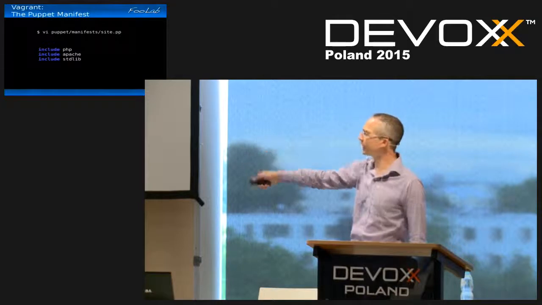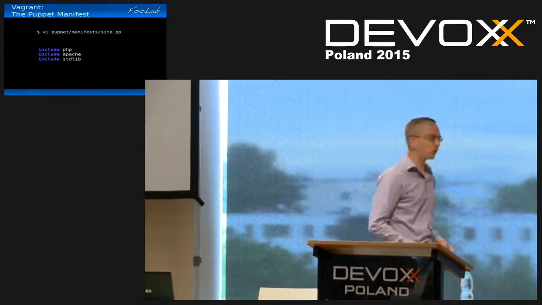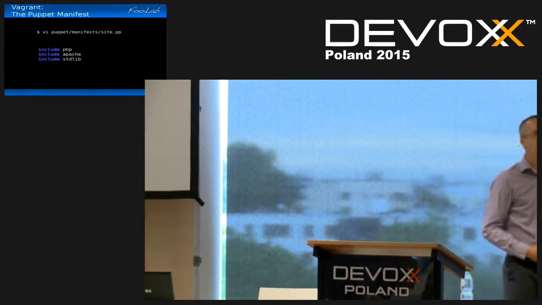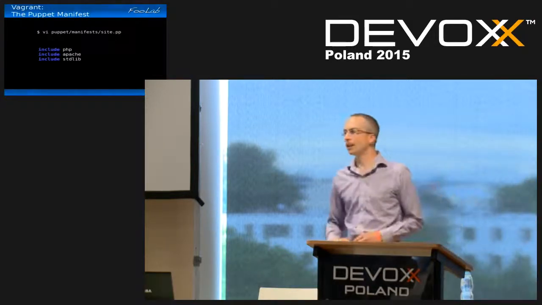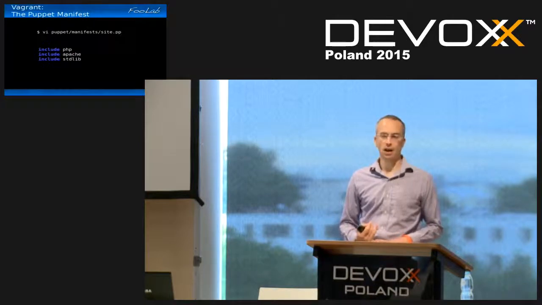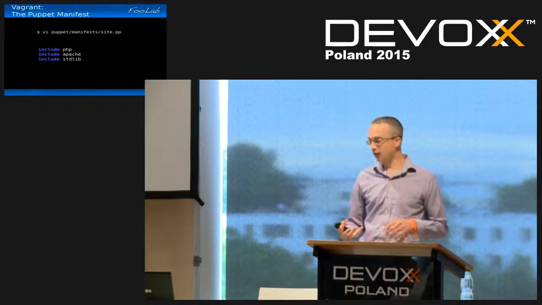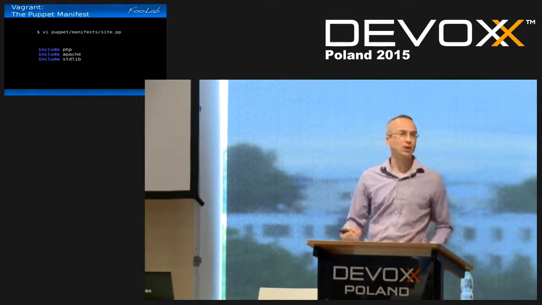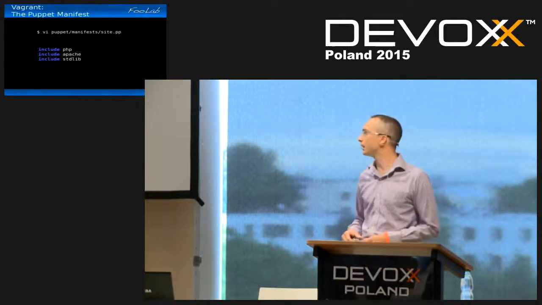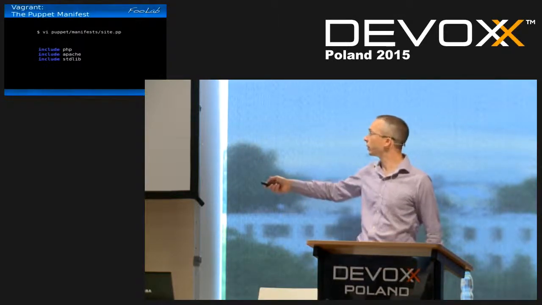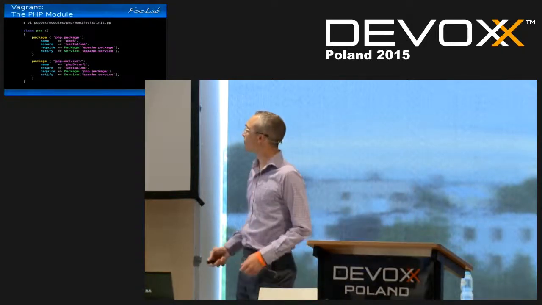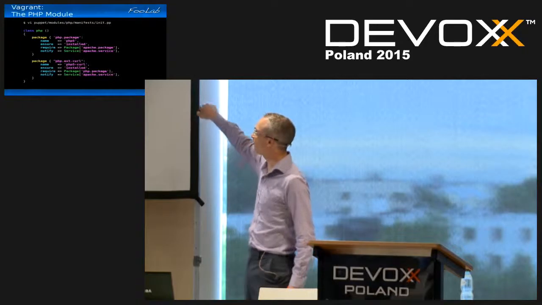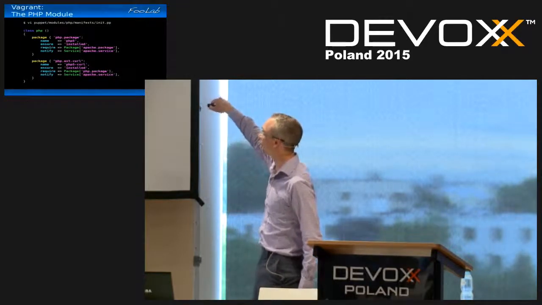But I also include stdlib. stdlib is actually pretty good. It's a module developed by the Puppet community. It enables you to validate data and work with hashes and things like that. It has a lot of functionalities. You'll probably need it at some point. So let's create that first module here.